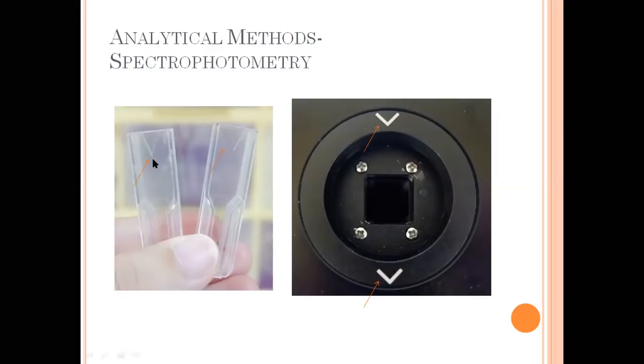Pag in-insert mo si cuvette dito sa cuvette port, kailangan arrow to arrow sila. Okay? Either nakatapat dito sa taas na arrow, yung arrow ni cuvette mo, or nakatapat dito. Wag lang na yung arrowhead present on the cuvette dito nakatapat sa kaliwa or sa kanan. Okay? Because the light will not pass through that way.